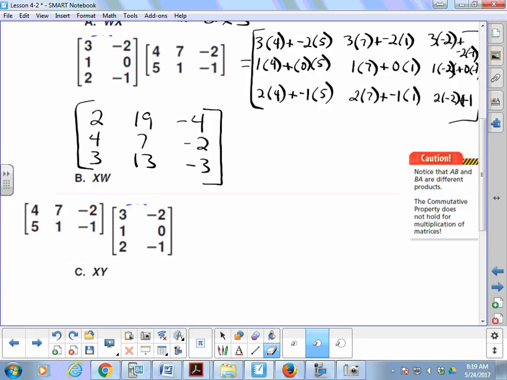Multiply them together and add them up. And then that will give us row 1, column 2. Then we multiply row 2 times column 1. 5 times 3, 1 times 1, negative 1 times 2.